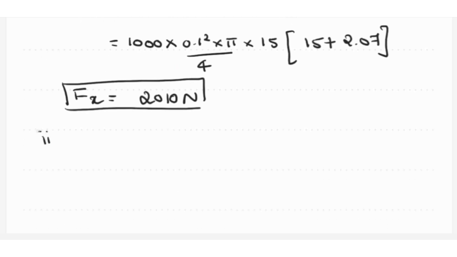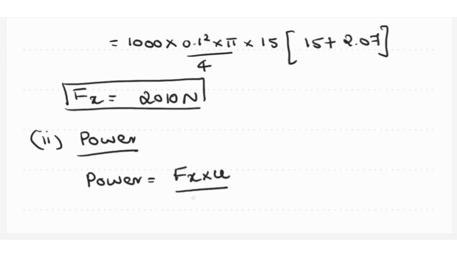So let us go with the second one, that is power, which is equal to Fx into U divided by 1000. So Fx is equal to 2010 into U is 5 divided by 1000.